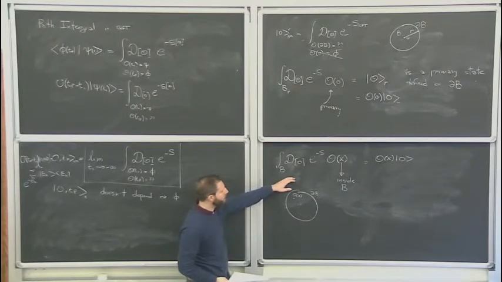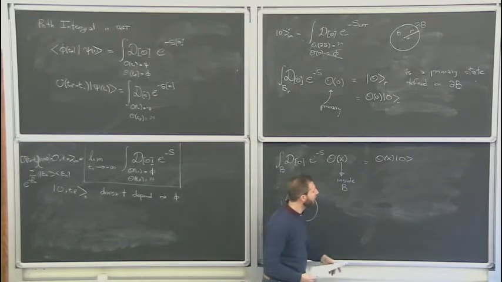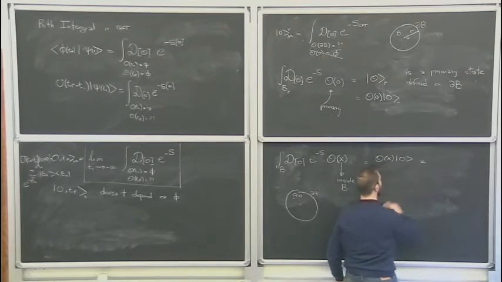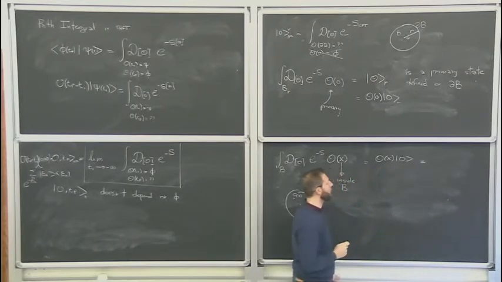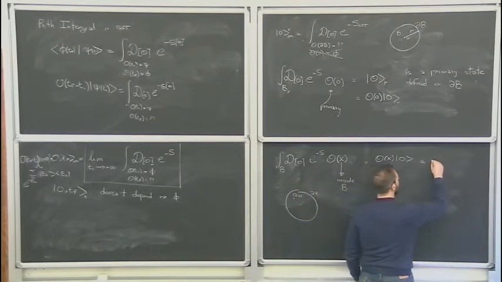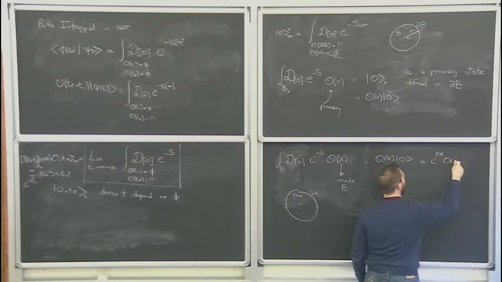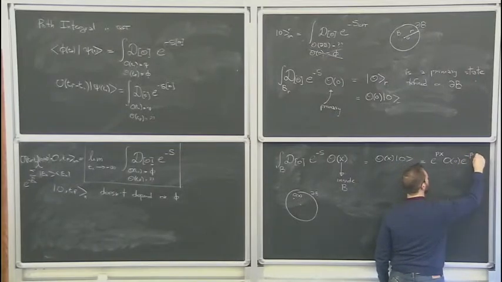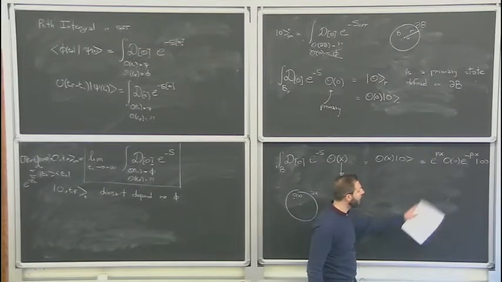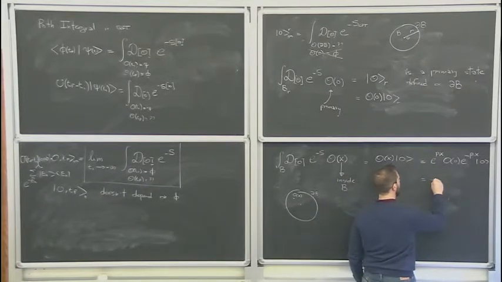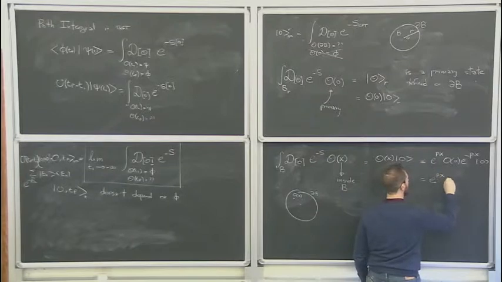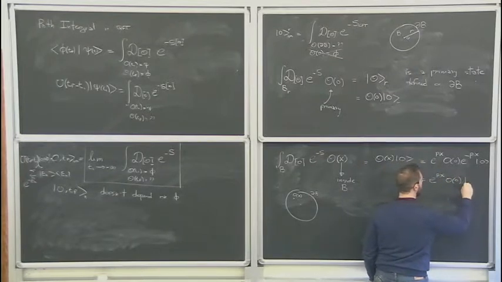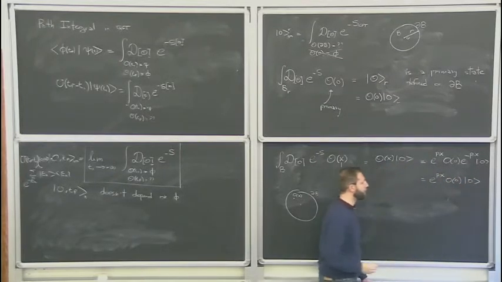And this object here, you can see that by simply expanding the operator O(x), this can be written as e^{Px} O(0) e^{-Px} |0>, but the vacuum is invariant, so this is just e^{Px} O(0)|0>.